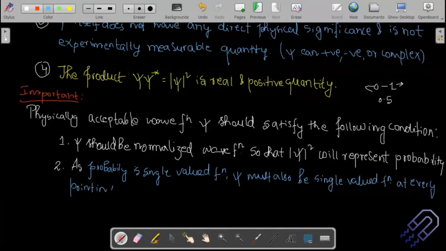What does it mean? You cannot have two probabilities at a single point. Okay, it will either be 10%, 20%, 30%, it will be one fixed value. You cannot have different probabilities.